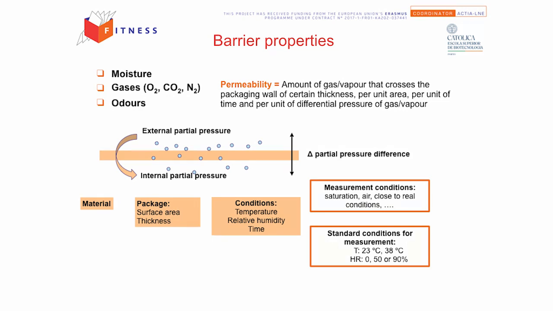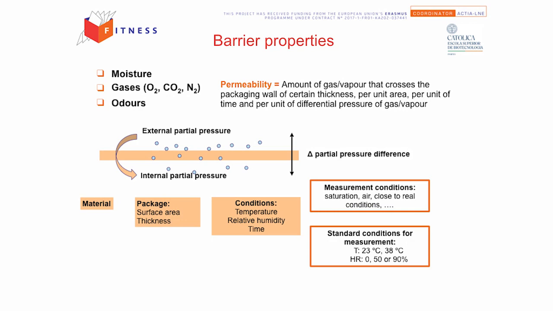If I want to measure the permeability to oxygen, okay, what would be the saturation conditions? If I want to measure oxygen, I would put here 100% oxygen and 0% oxygen here. So my driving force is the maximum. Okay?